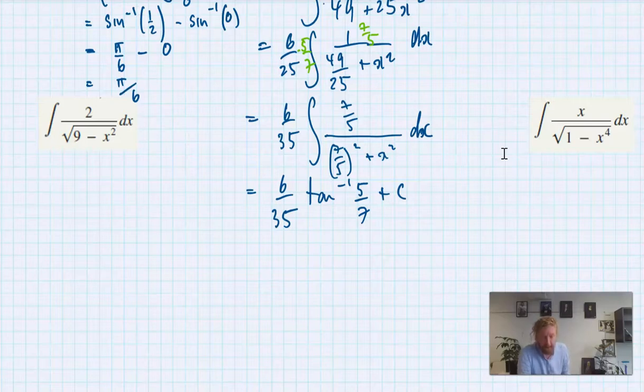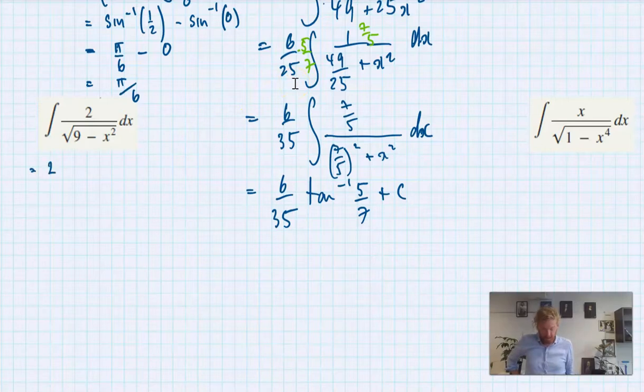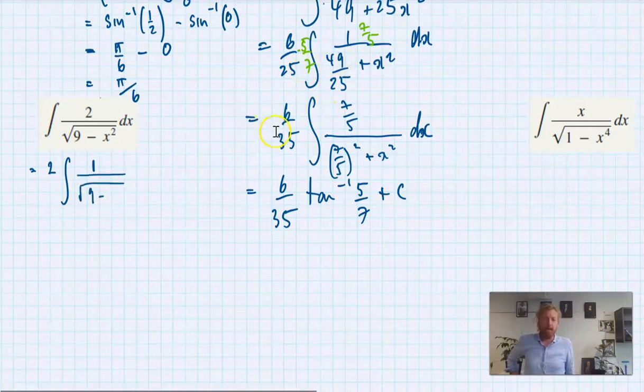Let's come down to this guy here. That's going to be either a sine or a cos. Let's do sine because it's a positive. Equals, take that 2 out, 1 on square root of 9 minus x squared. Now, what form is that close to?